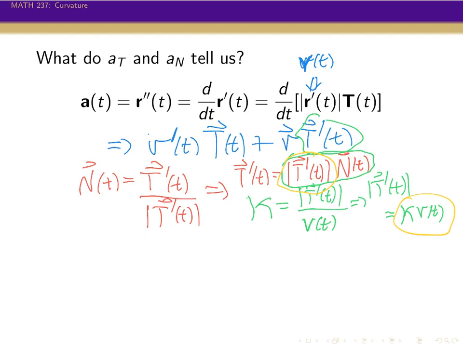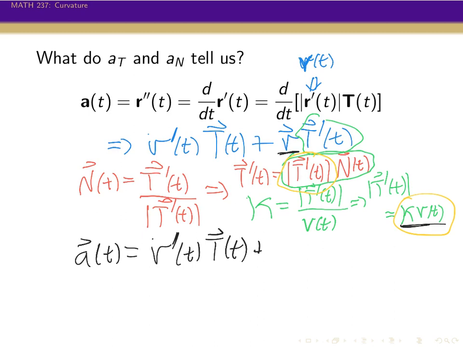So putting this together at the end, I have the derivative of speed times the unit tangent vector plus I've got v times kappa v, and so this is going to be kappa v squared times the unit normal.